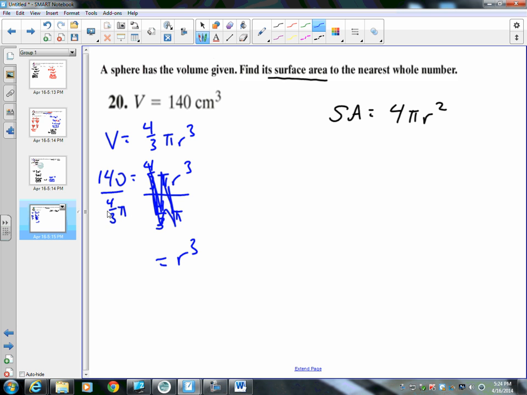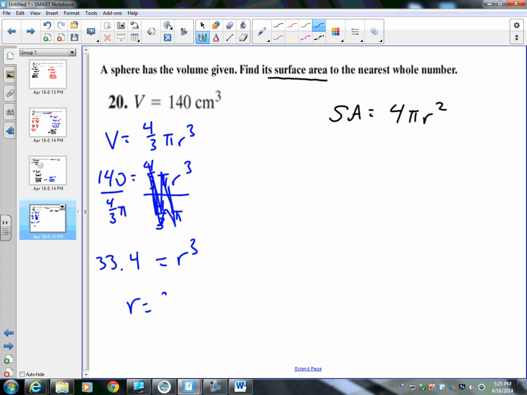Now make sure we put this in parentheses in the calculator to make sure we get the correct answer. If we do, we get 140 divided by 4/3 pi. The answer is 33 point, let's round to the tenths place, so 33.4. This is r cubed. Well, how do I get r by itself? To get r, you have to take the cube root to get rid of cubed.